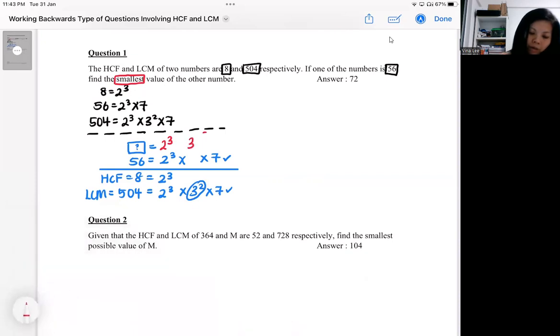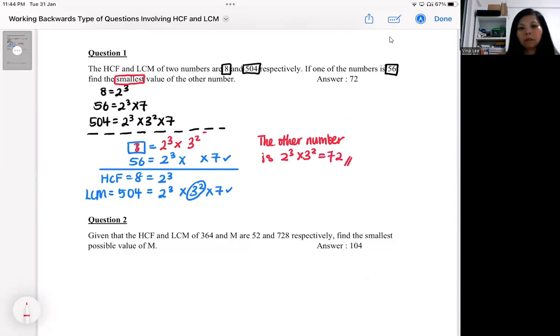The only way for 3 square to appear in the LCM is if it comes from the unknown number. Therefore, this is where you get your unknown number. The other number is 2 cube times 3 square, which is 72.